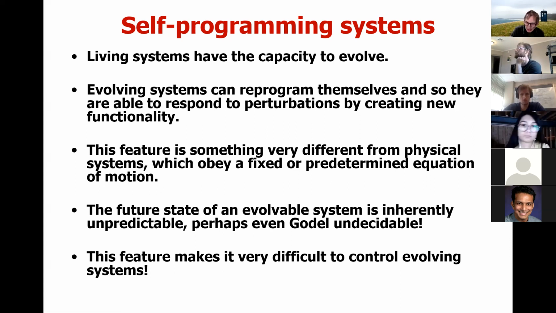By that I mean that in a physical system, you can tell where it is going to evolve to, whether it is going to pass near any particular point in its phase space or not. That's really one of the foundations of statistical mechanics and equilibrium. But if you have a dynamical system that can rewrite its own program, as it were, you don't even know what degrees of freedom will represent it in the future. And that means that such systems are very difficult to control.